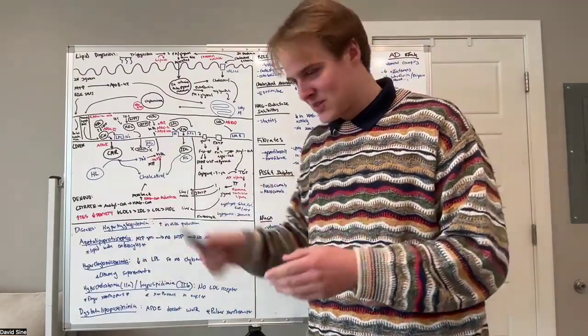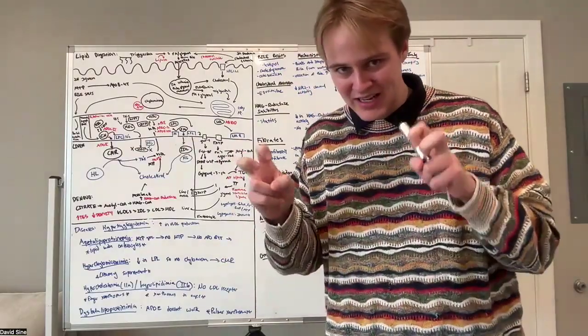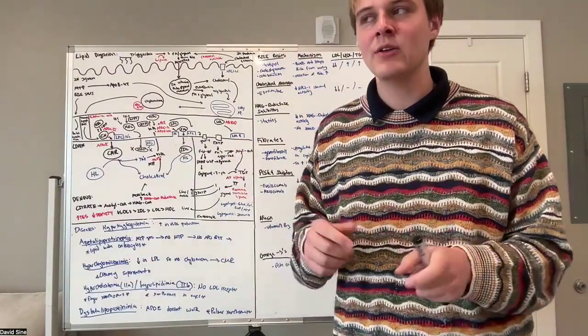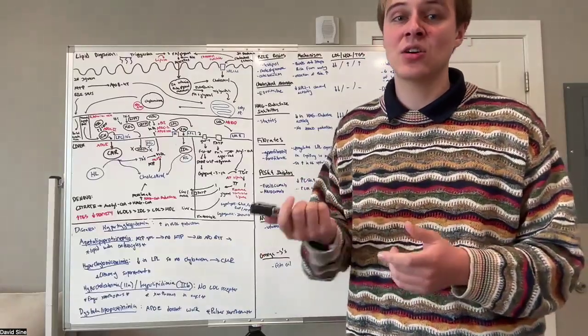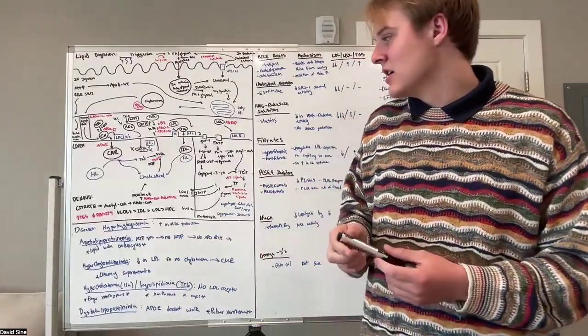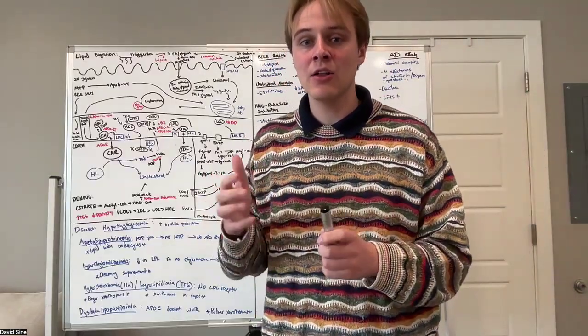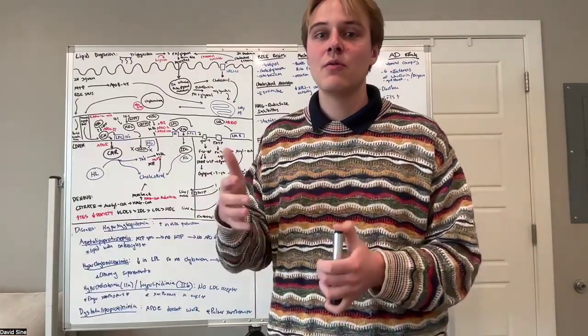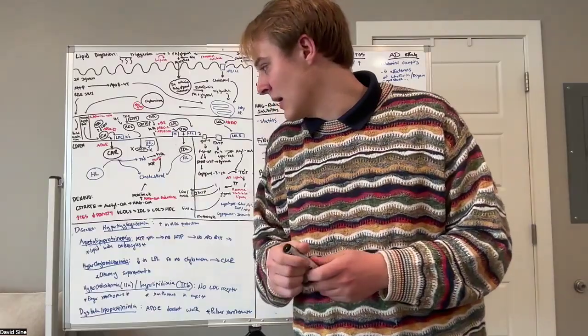These are all steps. And how it works is the density is correlated with how many triglycerides there are. So the more triglycerides there are, the less dense it is. So the thing with the most triglycerides is a VLDL, very low density lipoprotein.